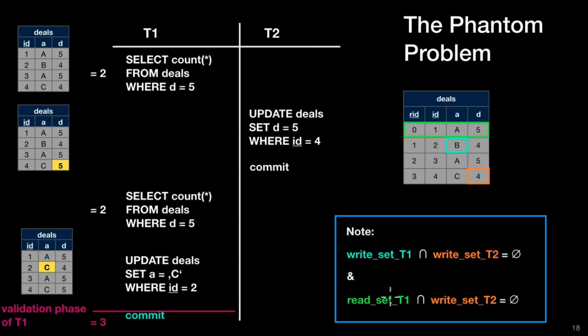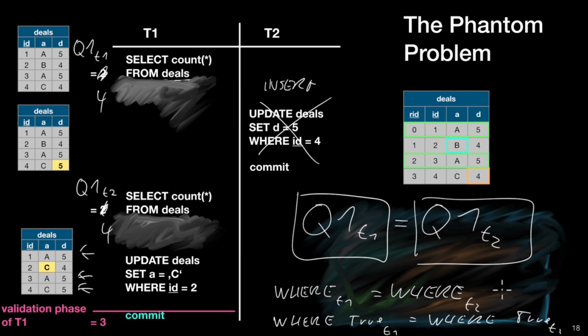In order to avoid write skew, we also have to intersect the read set of the transaction that wants to commit, T1, with the write sets. And additionally, if you want to avoid the phantom problem, you have to do even more. You have to check whether the results of the individual statements issued by the transaction return the same result as at the time when the transaction started and when it ended.